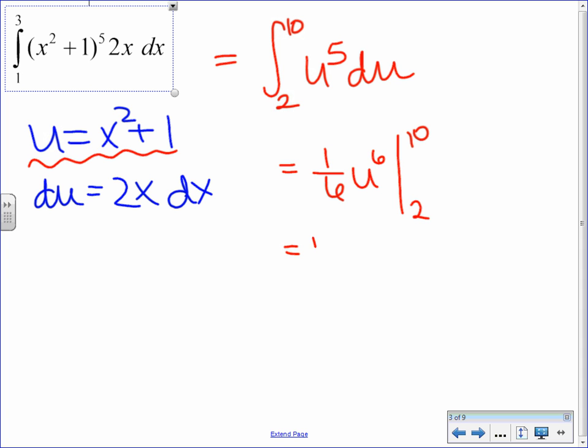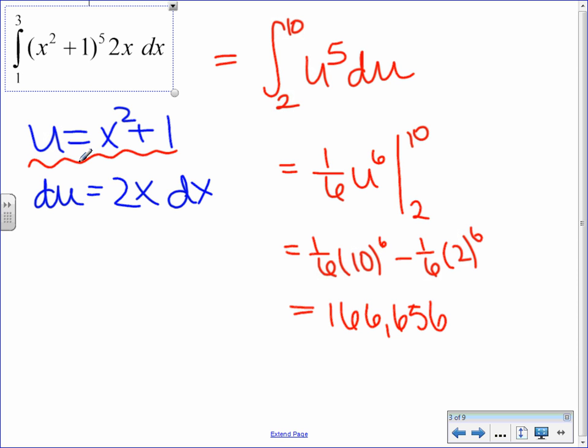So we have 1/6 times 10 to the 6, minus 1/6 times 2 to the 6, which is exactly what you plugged in last time, right? Double check. That's simple. Well, what we did is we took the limits of integration and plugged those in for x.